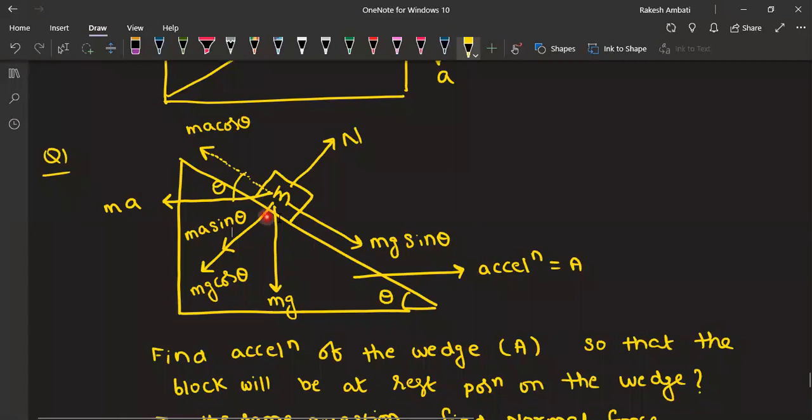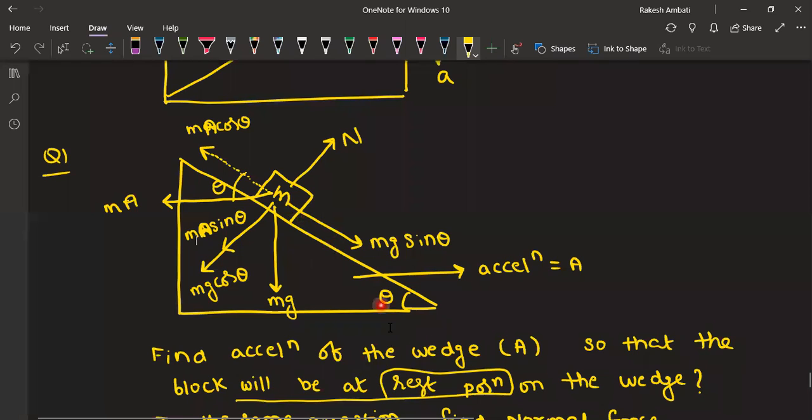Sorry, here it is capital A. This acceleration is capital A, because the acceleration of the frame is given as capital A, so the pseudo force is M into capital A: MA cos theta, MA sin theta.